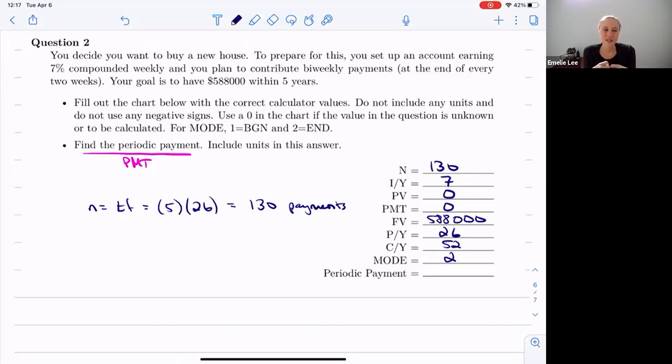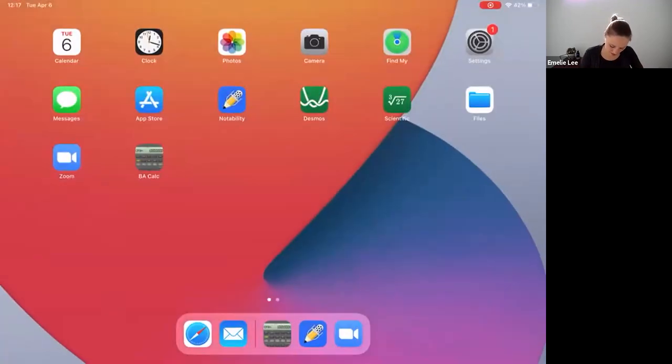This is the first time that we're solving for the PMT on our calculator, so I'm going to use the calculator. I better jot down the numbers.